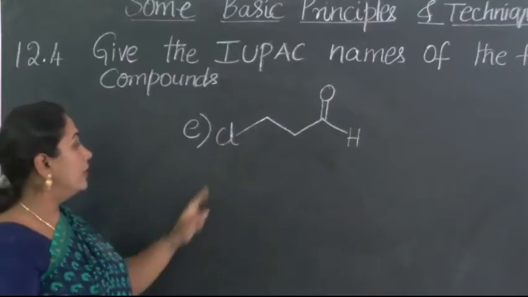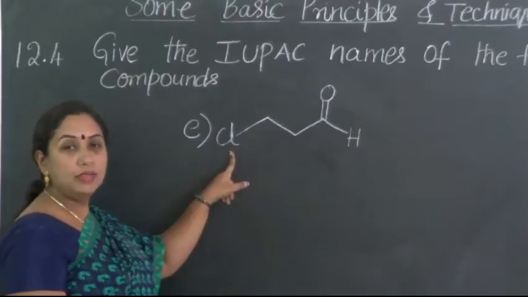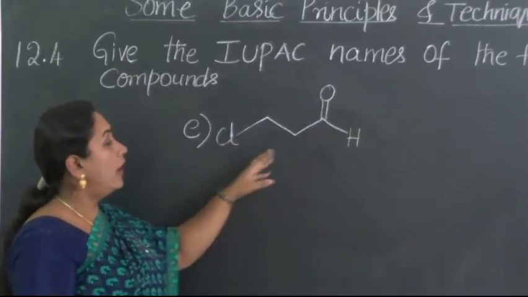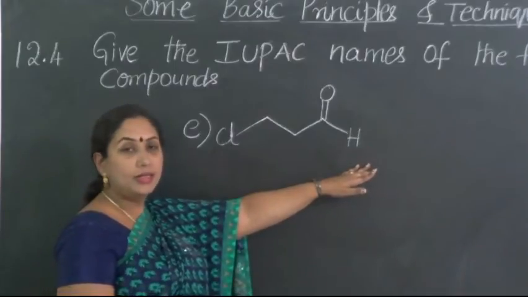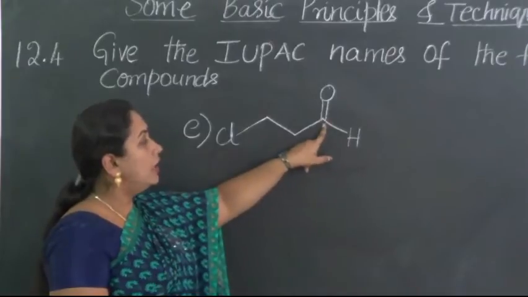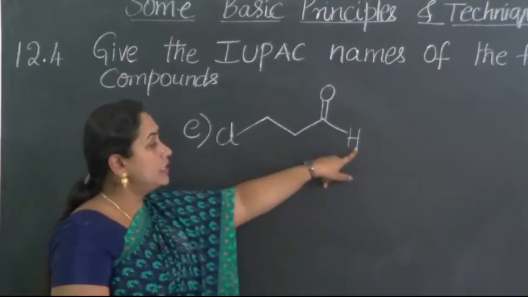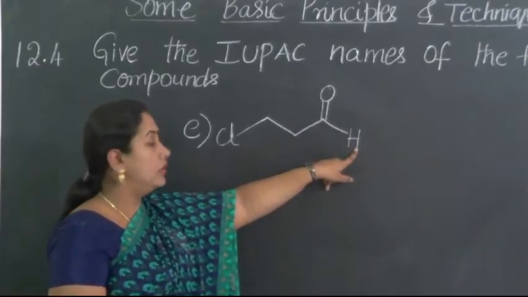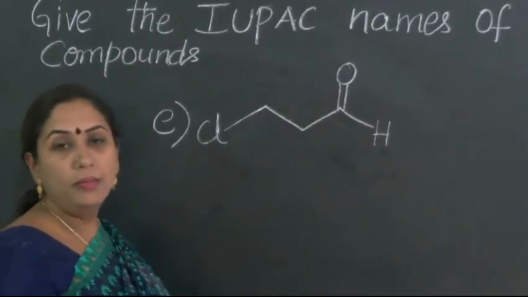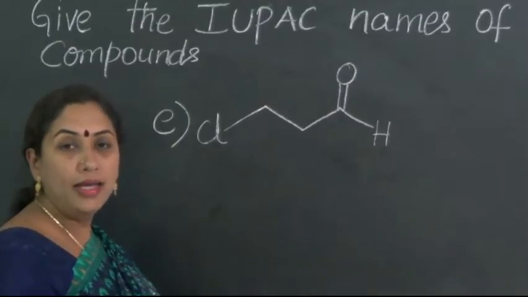As you can see, in our left terminal position, we have the presence of Cl, that is the chloro, as one functional group, and to our right side terminal, we find the presence of C linked with double bond with O and C linked with a single bond with hydrogen. So obviously CHO, that means the functional group at the other end is aldehyde.